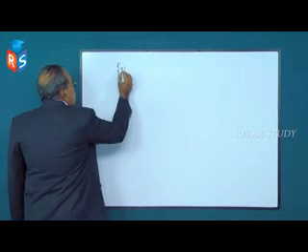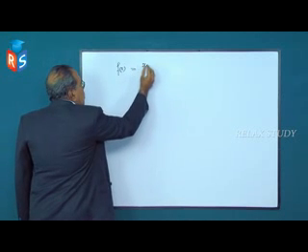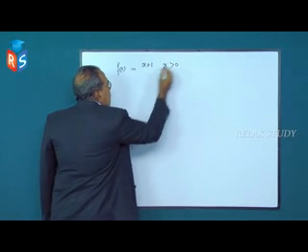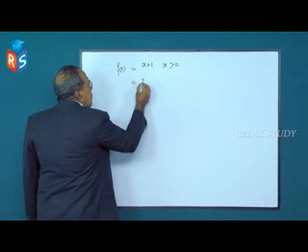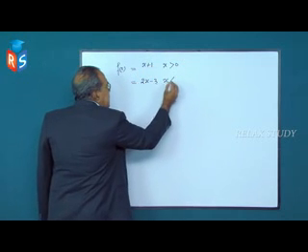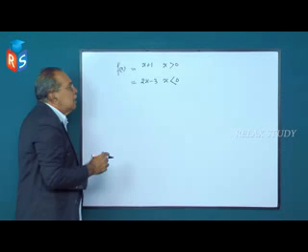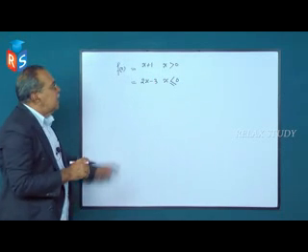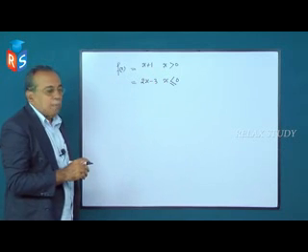f(x) is equal to x plus 1 for x greater than or equal to 0, and is equal to 2x minus 3 for x less than 0. Discuss the continuity at x equals 0.